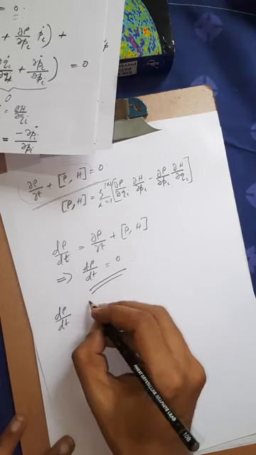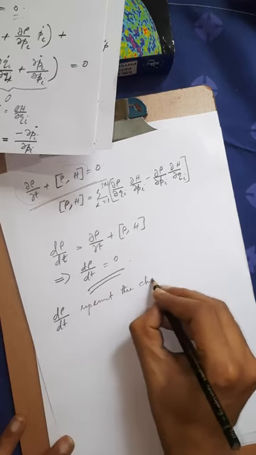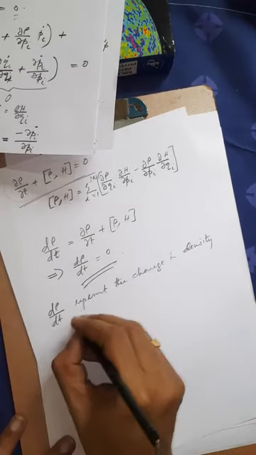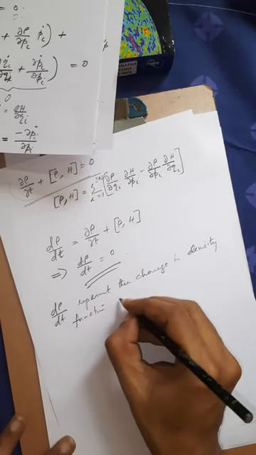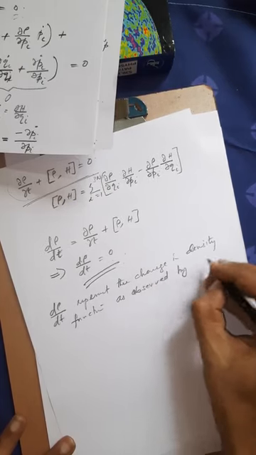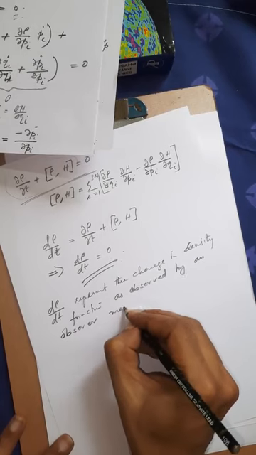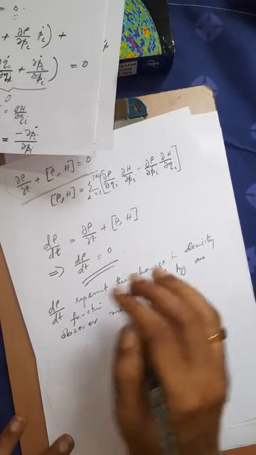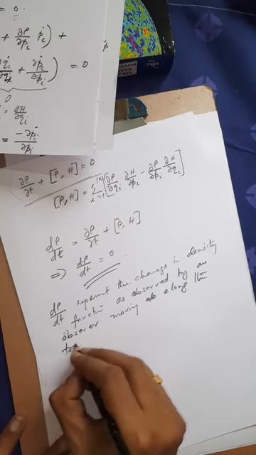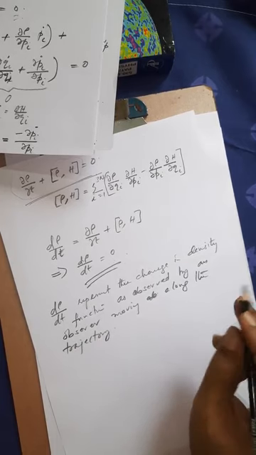D rho by dt represents the change in density function as seen by an observer moving along the trajectory.